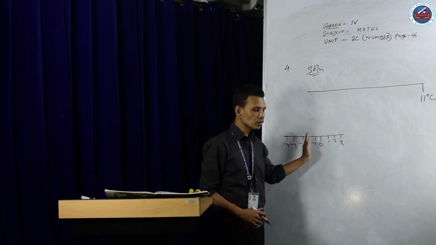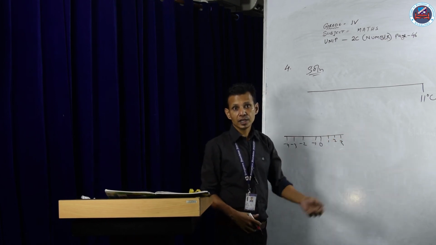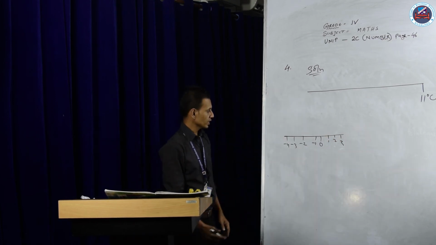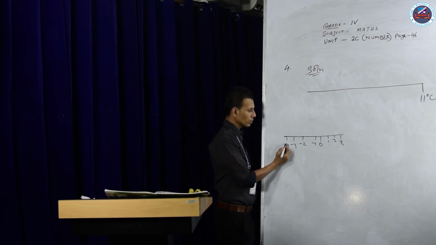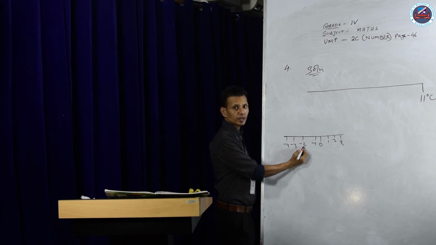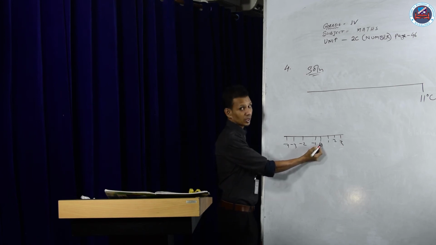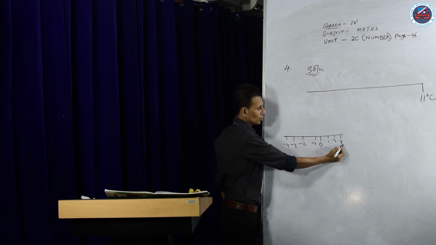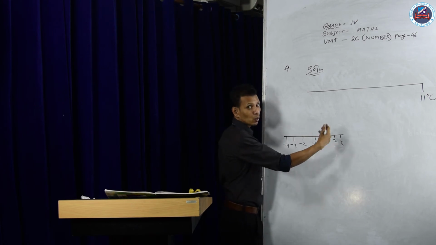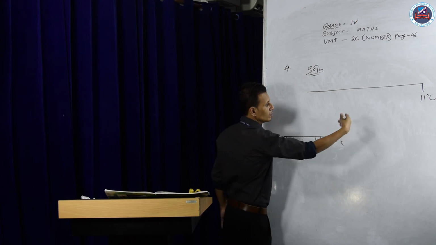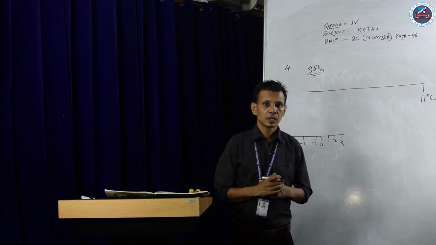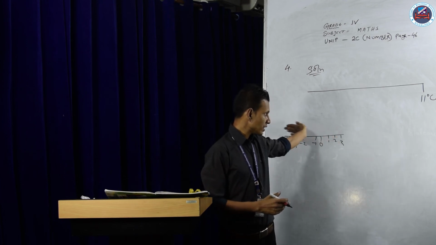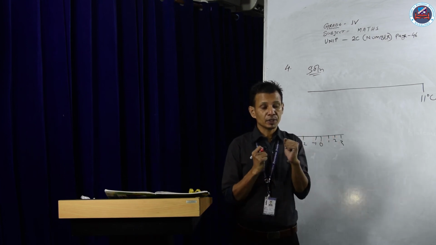And when it moves to the right side, it's getting warmer and warmer. For example, it's -4. Now when -4 becomes -2, it becomes a little warmer. -2 to 0, warmer. From 0 to 2 or 3, it's getting warmer and warmer. That means when you move to the right, it's becoming warmer, very hot. And when it moves to your left side, it's becoming colder.